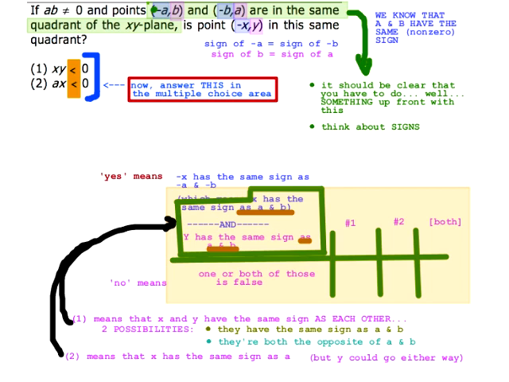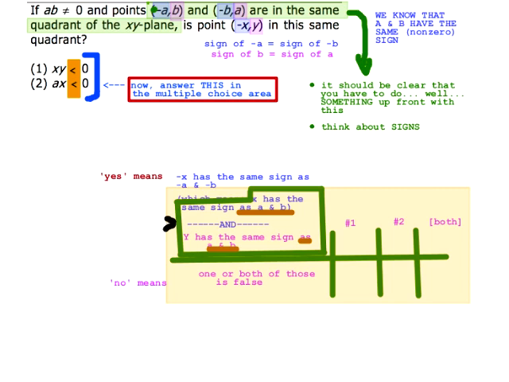So statement 1, guys. What does it mean if you multiply two numbers together and get a negative? It means we got not the same sign as each other. So statement 1 means that x and y have opposite signs.